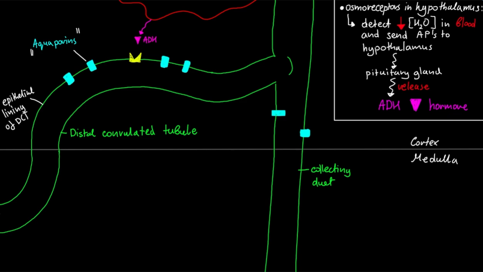This hormone will travel via blood to our distal convoluted tubule and collecting duct and will bind onto the first messenger receptors on the epithelial cells of the DCT and collecting duct, and this will cause a certain cascade to be started in those cells, which will cause the cell to transcribe and translate more genes and mRNAs that code for aquaporins, which are a sort of protein channel which will allow you to release water.